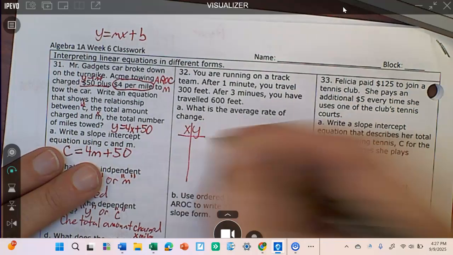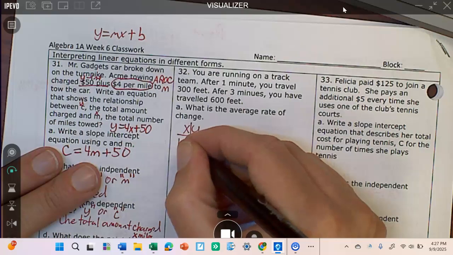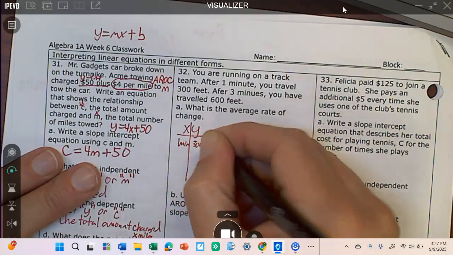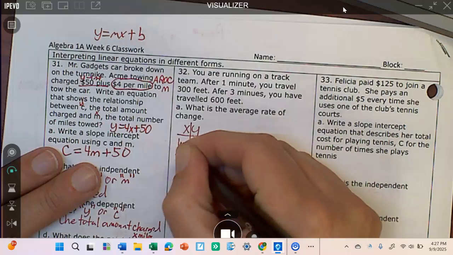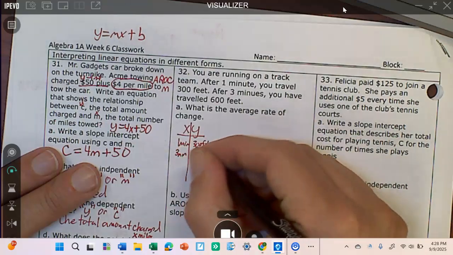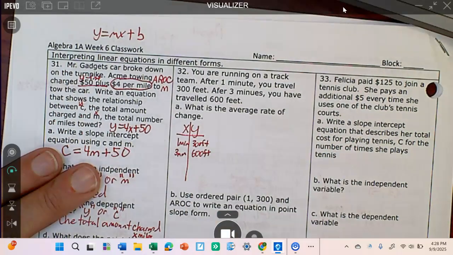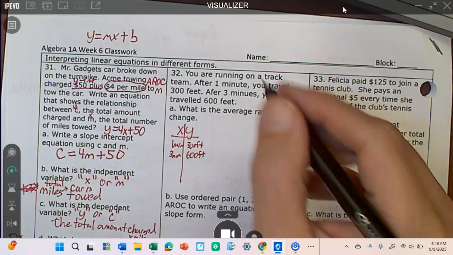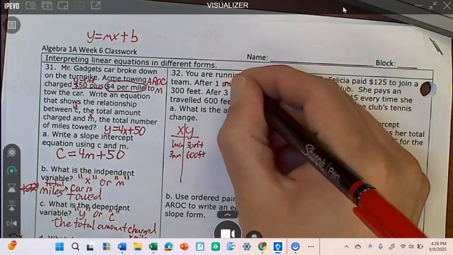You could make an XY table. 1 minute, 300 feet. 3 minutes. You're moving kind of slow, 600 feet. I should do seconds. Should I change it to seconds on the spot? Yeah, because that makes more sense.